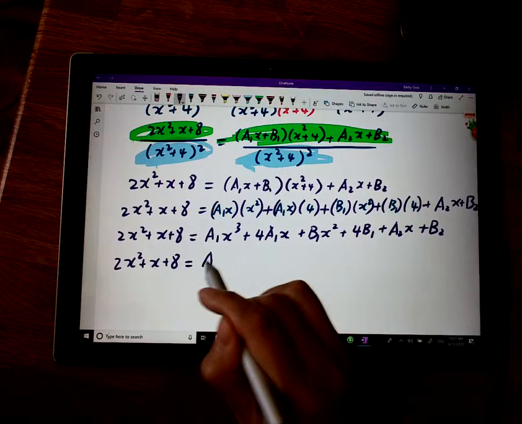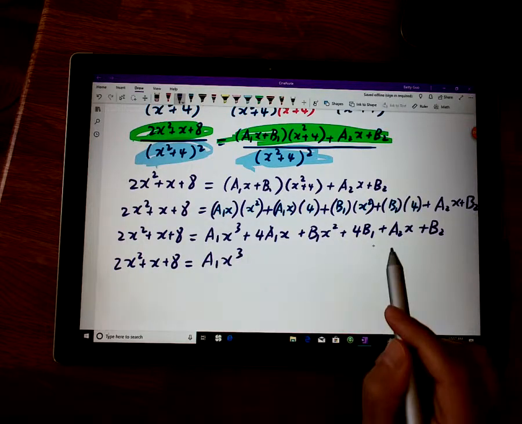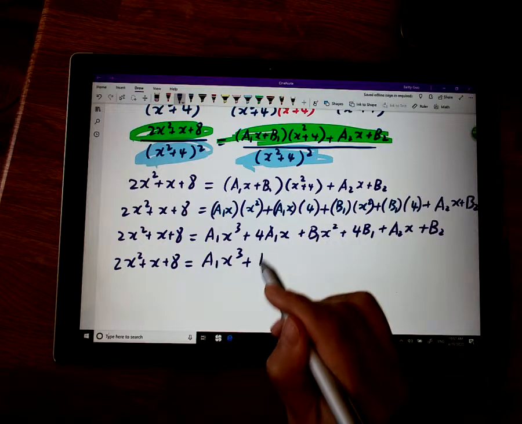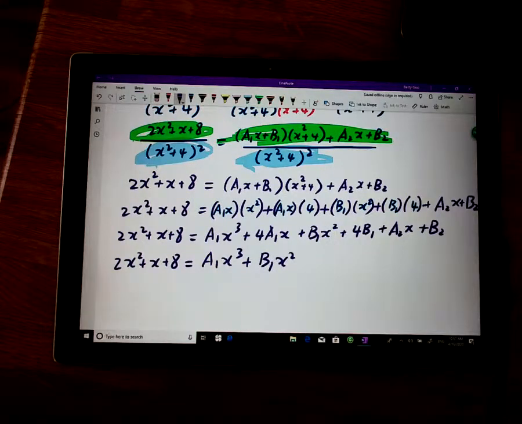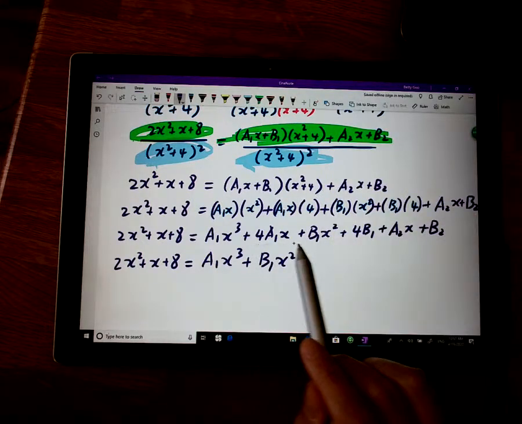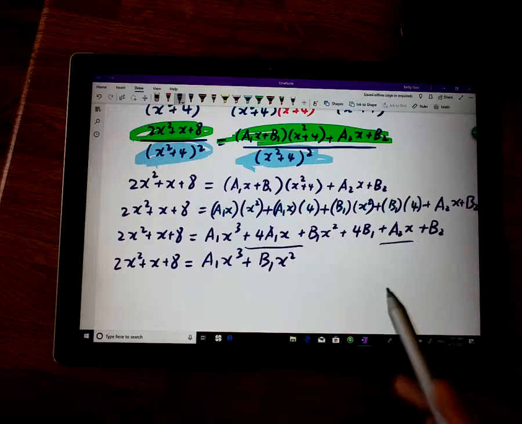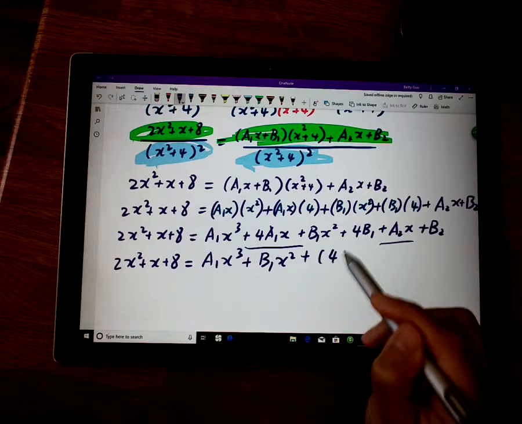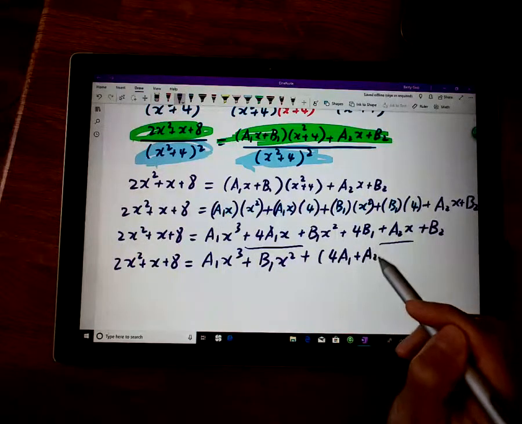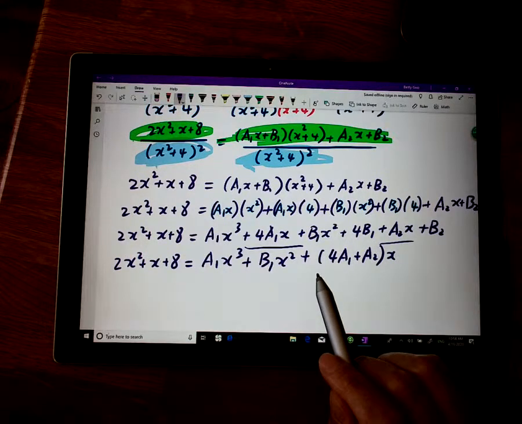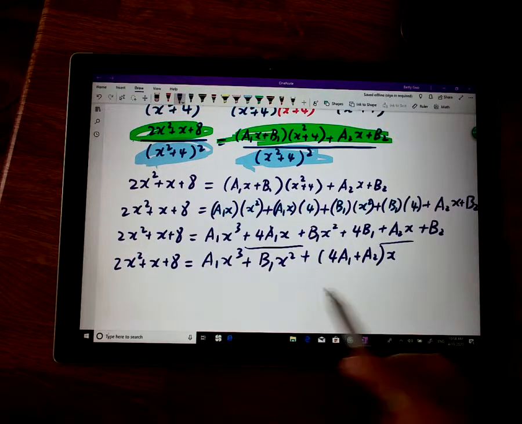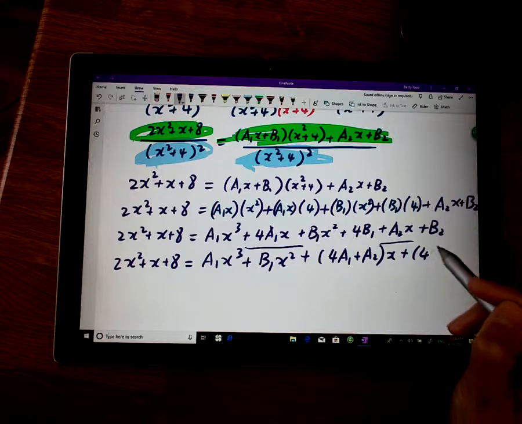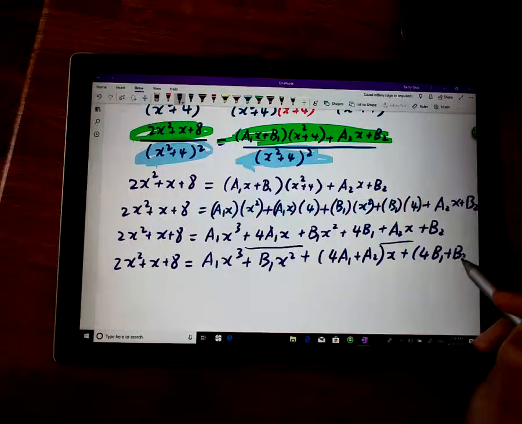We have a sub 1 x cubed. For the square, we have b sub 1 x squared. For x, we have 4 a sub 1 plus a sub 2, times x. For the constant term, we have 4 b sub 1 plus b sub 2.